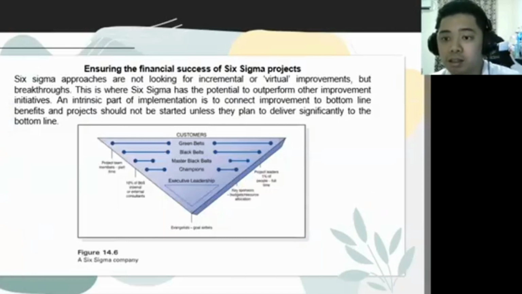An intrinsic part of implementation is to connect improvement to bottom line benefits, and projects should not be started unless they plan to deliver significantly to the bottom line.